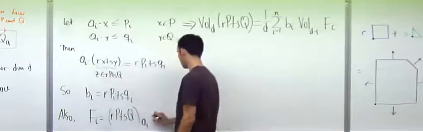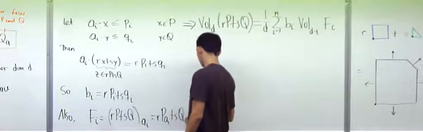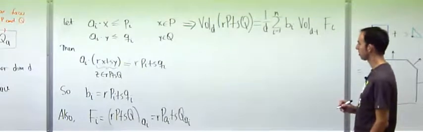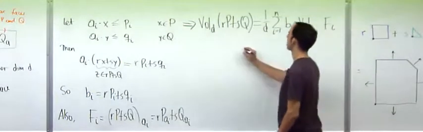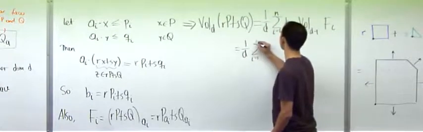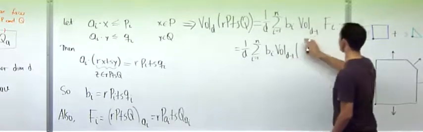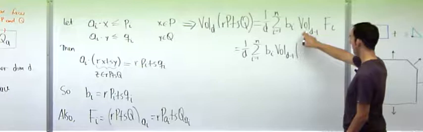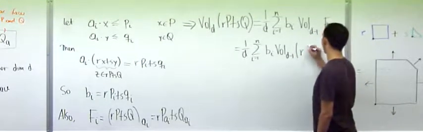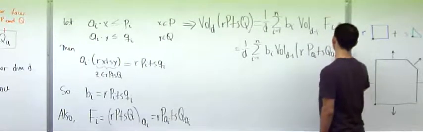I'm going to say, okay, well, this is just rP_{a_i} + sQ_{a_i}. So instead of writing the volume of F_i, I'm going to write it like this: F_i is r times P_{a_i} plus s times Q_{a_i}.